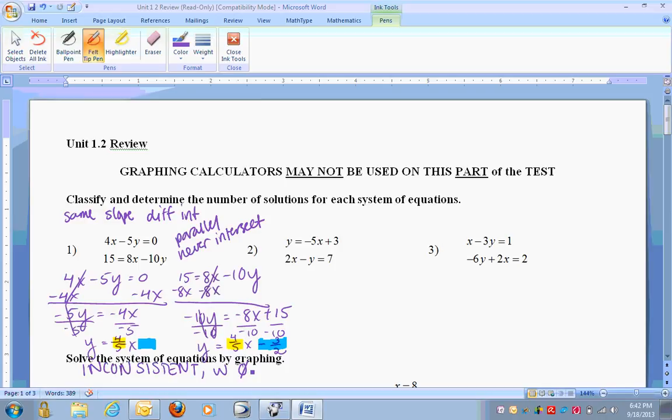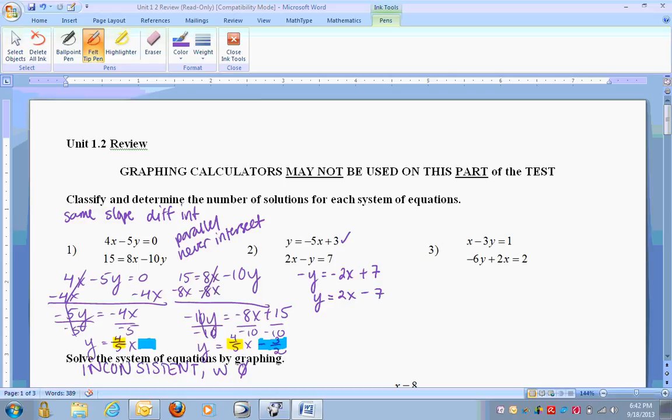Alrighty, moving on to number 2. The first equation's already in slope-intercept form, so now let's move the second equation to be in slope-intercept form. I've got to move the 2x over to the other side, so it becomes negative 2x. And then I have to divide everything by negative 1, so I end up with y equals positive 2x minus 7.